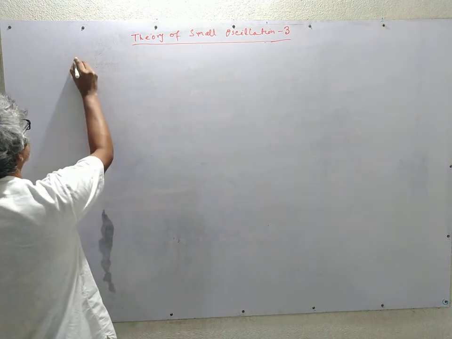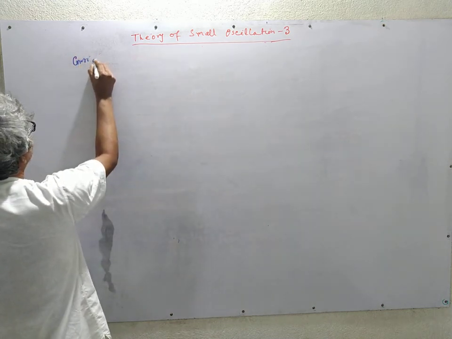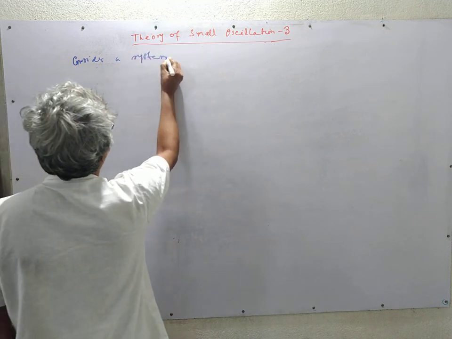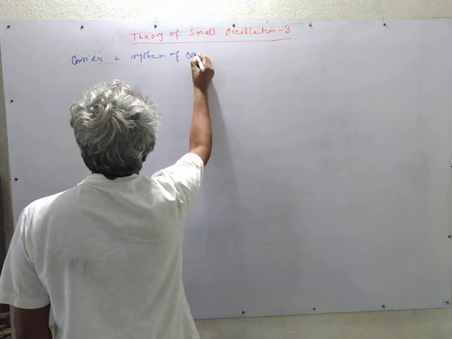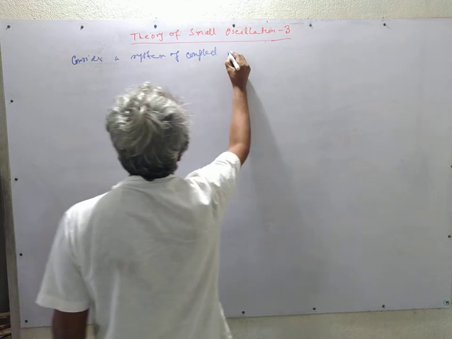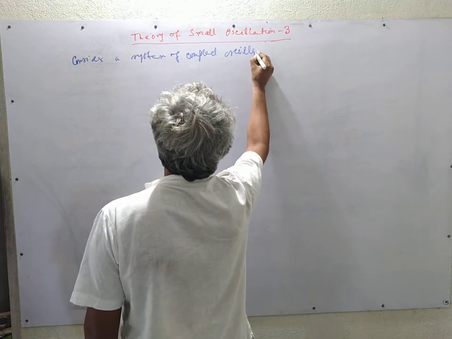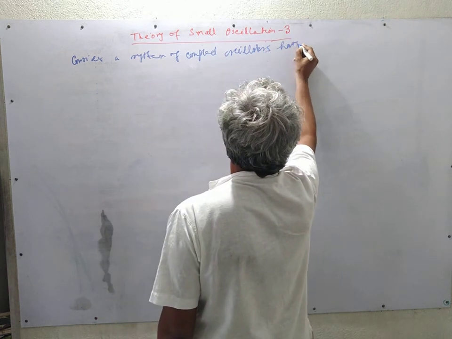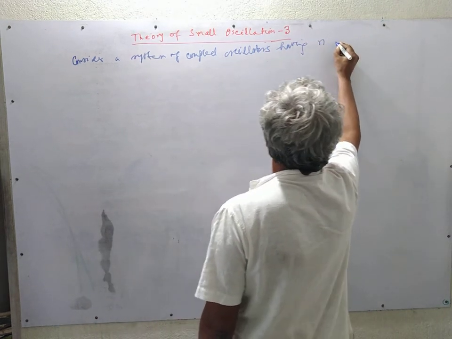So we consider a system of coupled oscillators having n degrees of freedom.